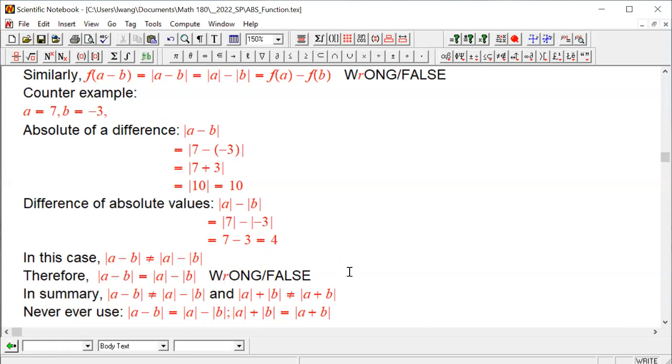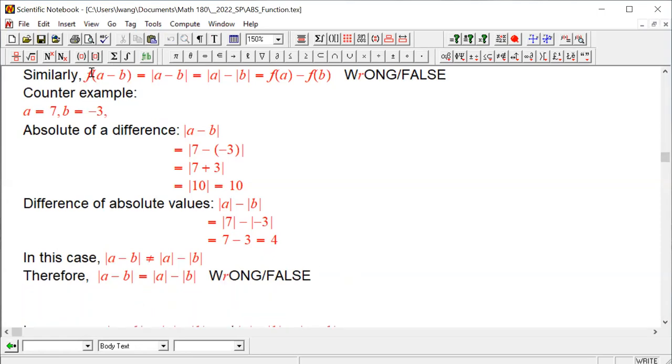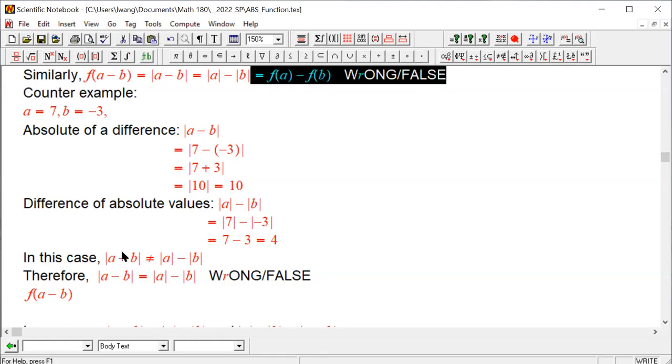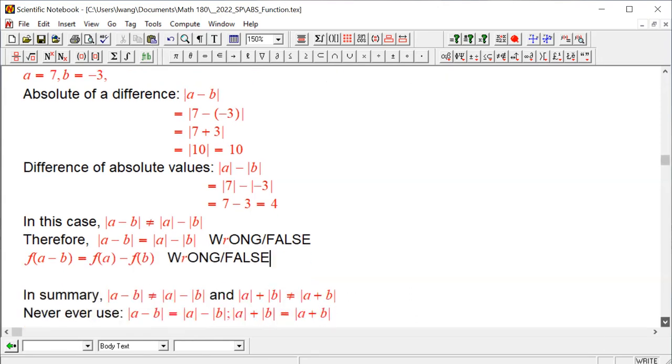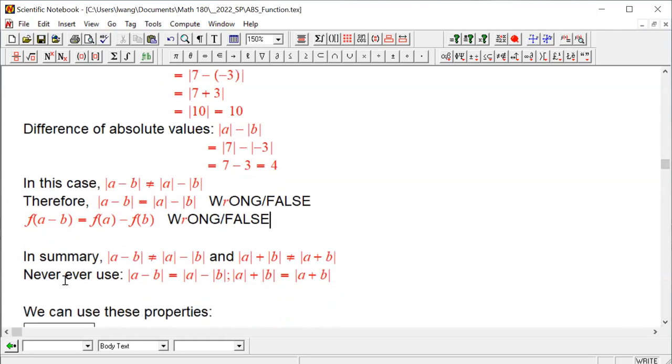So now we have also demonstrated that when you have f of a minus b, this is false. Okay, so in summary, this is true, this is true.